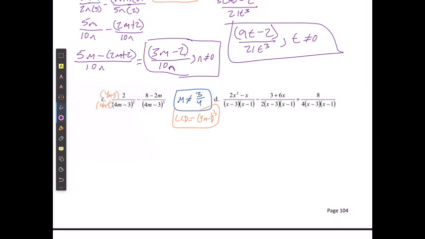So what I can state is I actually have 2 times 4m minus 3 minus 8 minus 2m, all over 4m minus 3 to the power of 3.